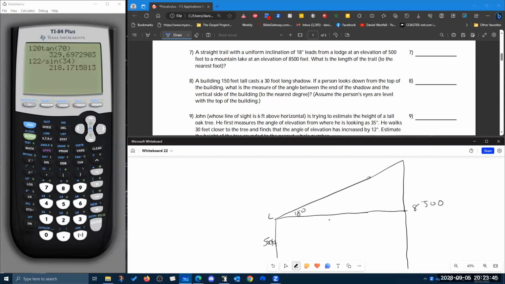So this is a rise of 8,000 feet here, because we still have the same 500 feet from when we started. What is the length of the trail to the nearest foot?